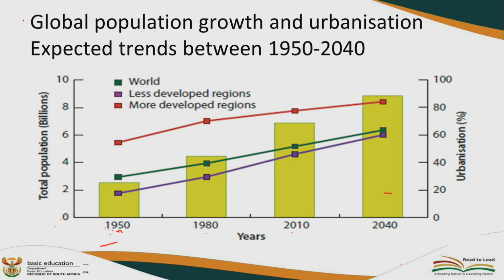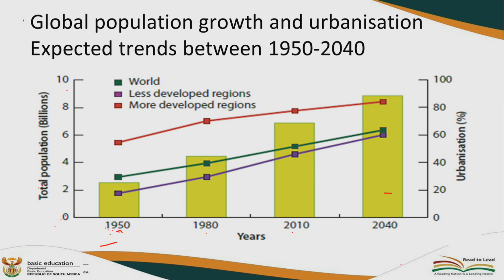Let us look at the left-hand side of the screen. We have the total population, given in billions. So when you are studying the graph, take note that on this side they have said total population in billions, which means the numbers on your y-axis represent the total number of people in the whole world living in urbanization.